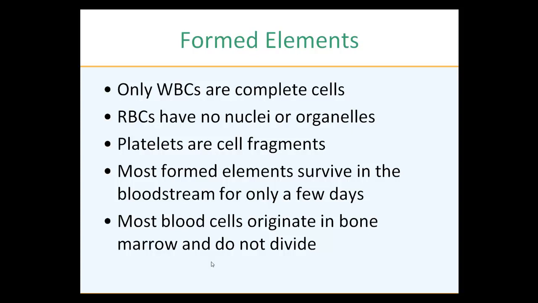Why do we say formed elements, and why don't we say cells? Well, it's the red blood cells, although the correct term for the red blood cells is red blood corpuscles. Why is that? Because they don't have nuclei. They don't even have organelles.